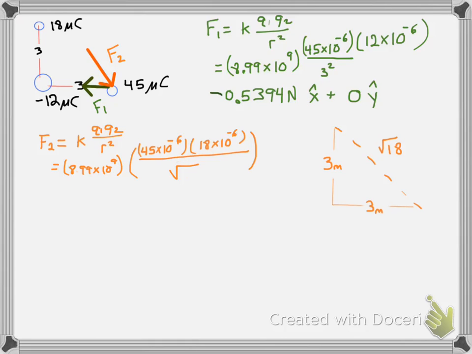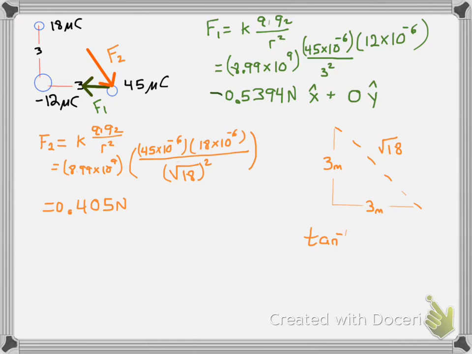Using that distance, we just plug it in there, and since we're going to be squaring this, it makes it nice and convenient. So then we go through the hassle of solving it, and we get that the force 2 should be equal to 0.405 newtons.